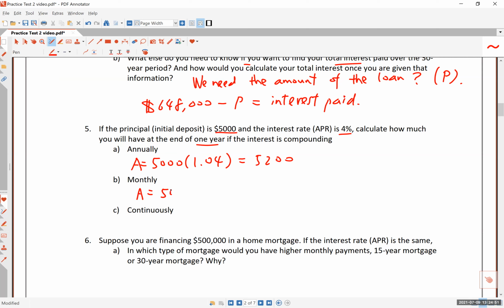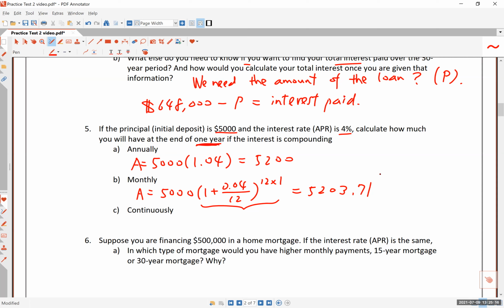If it's monthly, even at the same rate, you have 0.04 divided by 12, raised to the power 12 times 1, because you have 12 months in the year. And again, make sure you do this part first, and if you do this calculation, you will get $5,203.71, slightly more than the annual compounding.